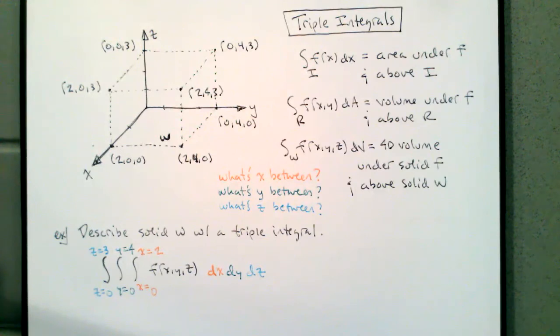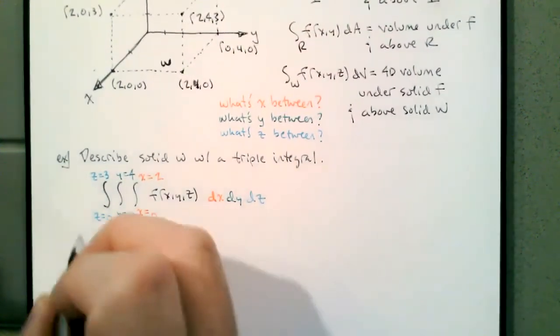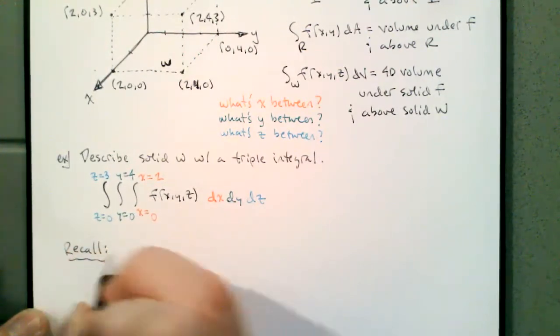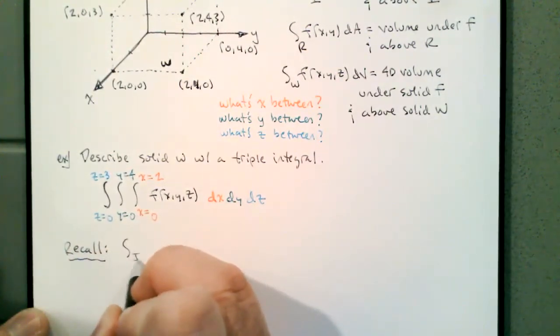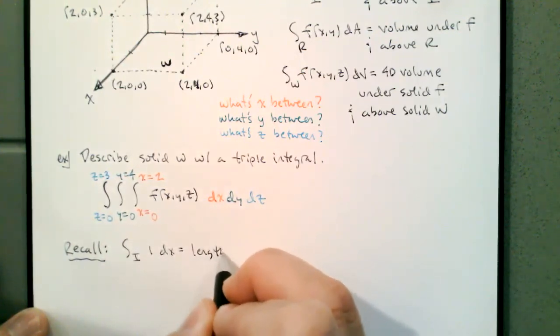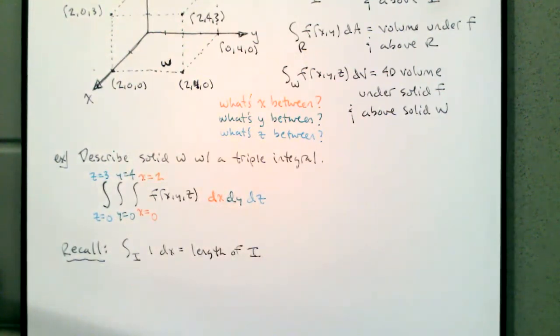All right, let's recall some things, because I want to see that this triple integral stuff is really just building up from the double integral stuff, even more than it already has. If we integrate the function 1 dx over an interval I, we just get the length of the interval.